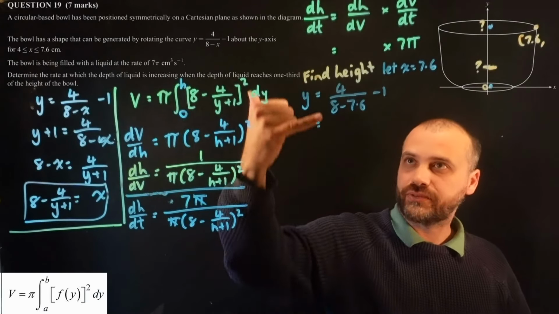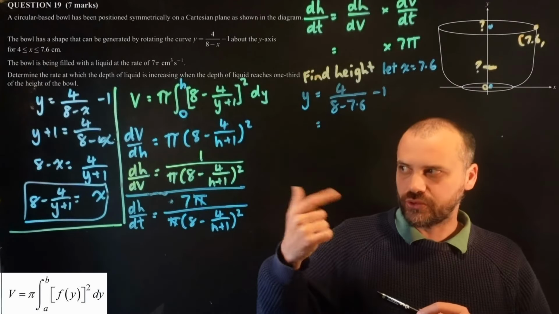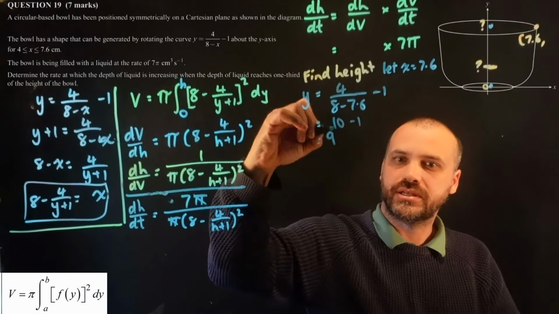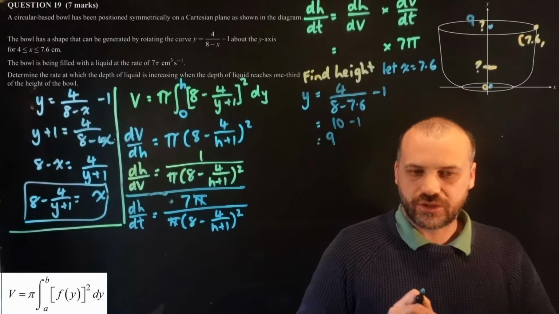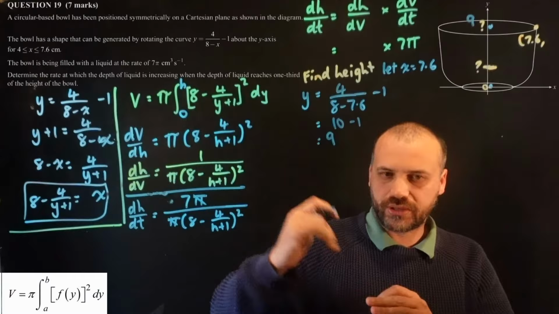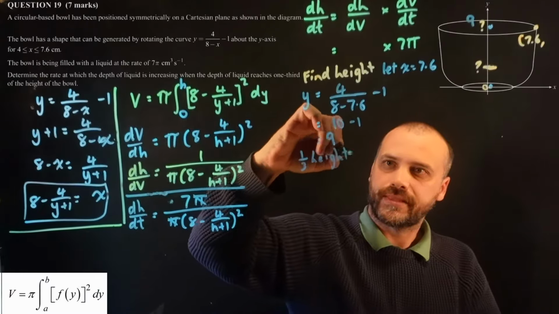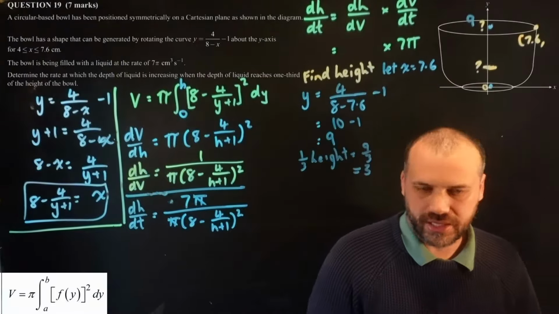Okay, so what do we have? We've got 4 divided by 0.4. 4 divided by 0.4 is 10. 10 minus 1 is 9. The height of the bowl is 9. So the height that we want, 1/3 height, is equal to 9 over 3, which is 3.